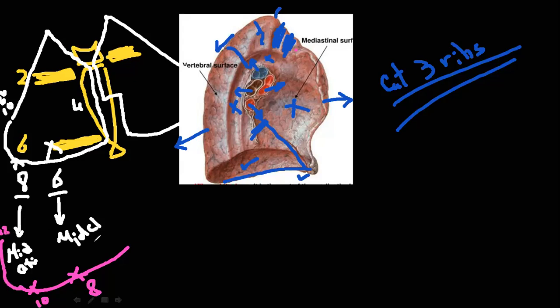This is the surface anatomy of the inferior border of the pleura: 8 in the mid clavicular, 10 in the mid axilla, and 12 in the back. It is easy. We have surface anatomy for the lung inferior border, and we have surface anatomy for the pleura.